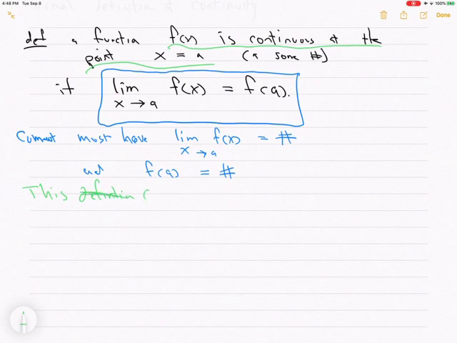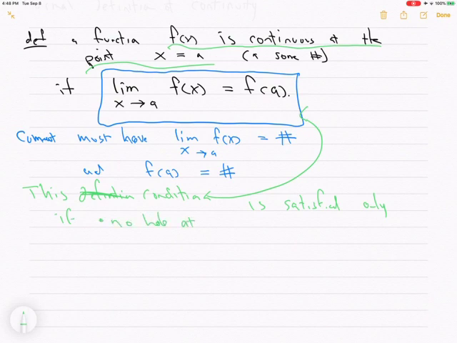So this condition here is satisfied only if there is no hole at x equals a, because if there were a hole, we've already seen a picture. If there is a hole, that means that either the function just doesn't exist, f of a wouldn't exist, or that the limit and the function aren't equal to each other.